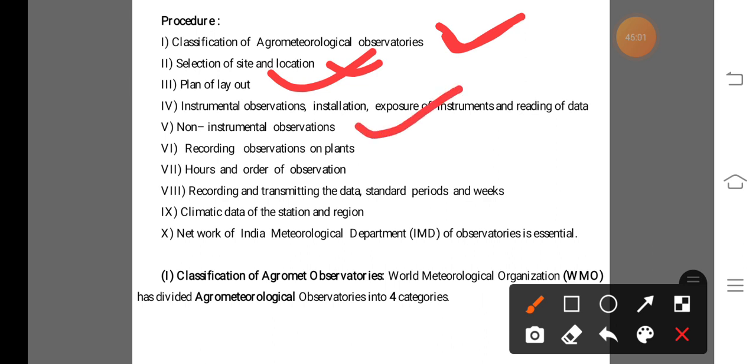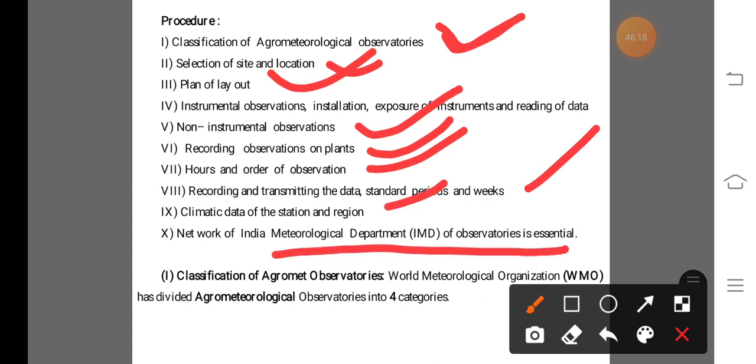Next one, recording observation on plant. Next one, hours and order of observation. Next one, recording and transmitting data, standard periods and weeks. Also climatic data of the station and region. Also the network of India Meteorological Department observatories is essential. So knowledge of these 10 points is necessary for the installation of agrometeorological observatory.